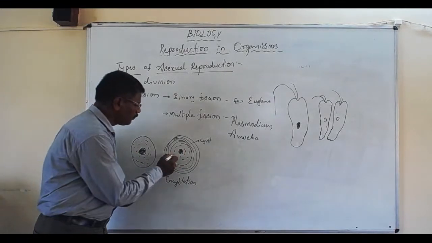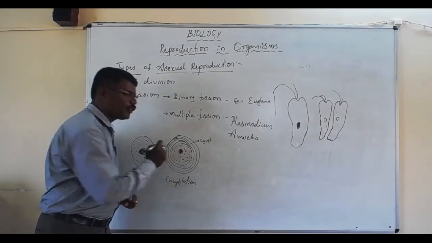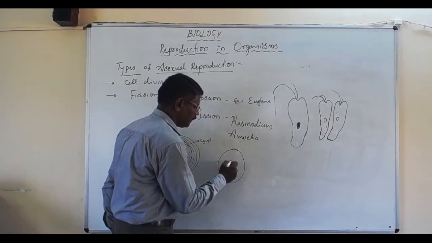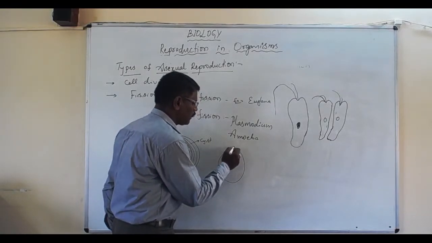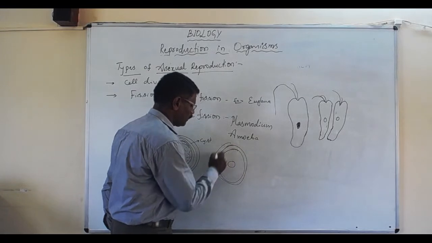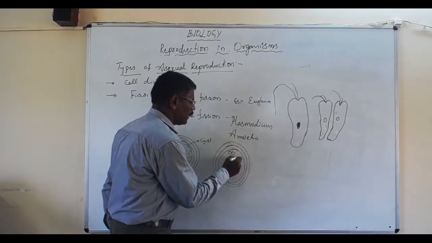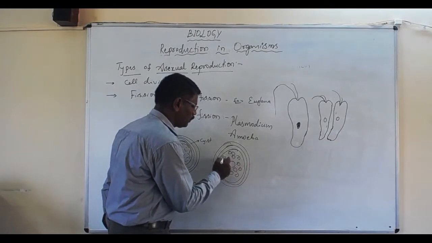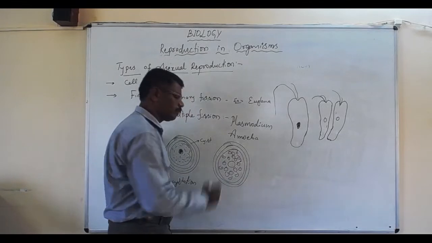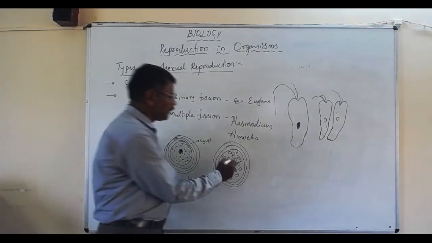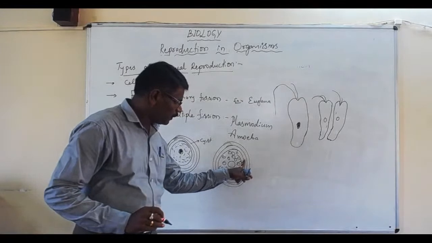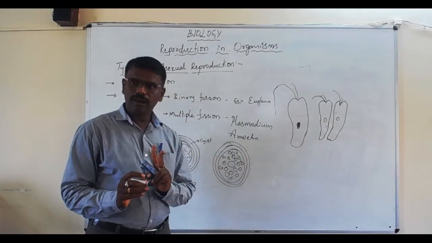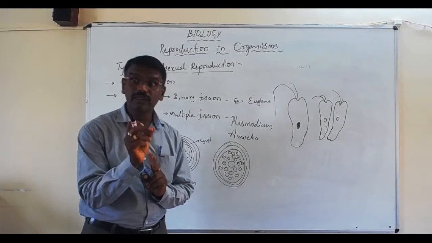This organism leads to the formation of a number of spores. The cyst layer breaks down when the favorable condition is recognized.